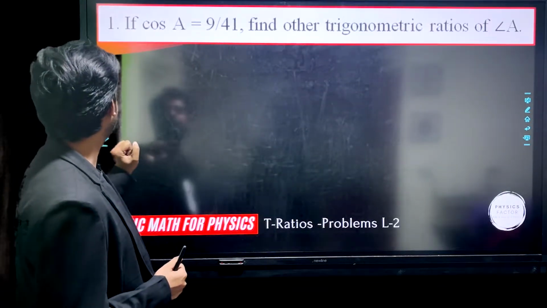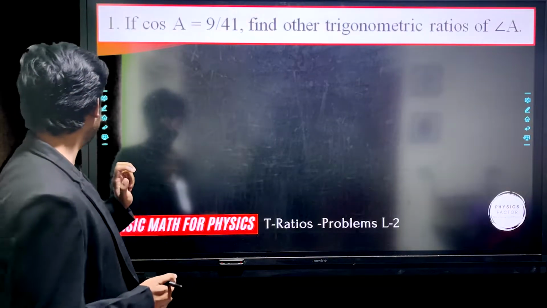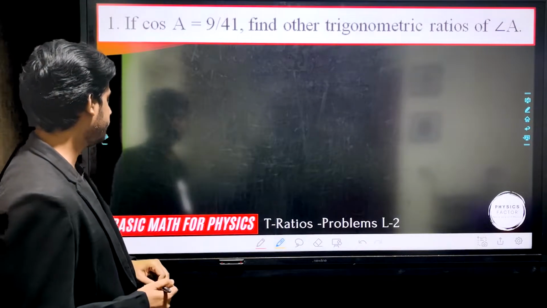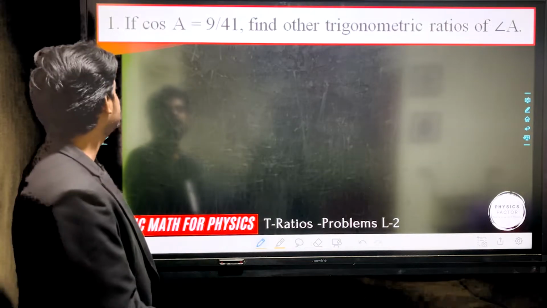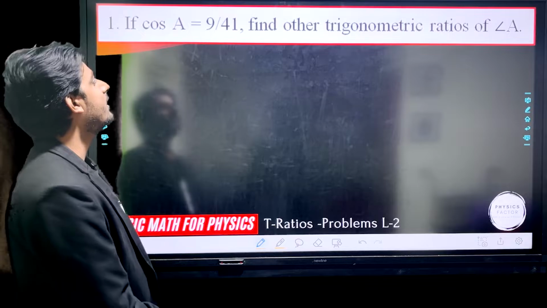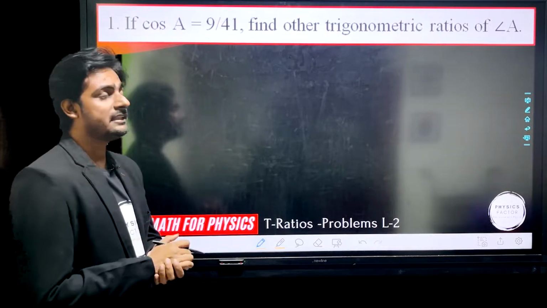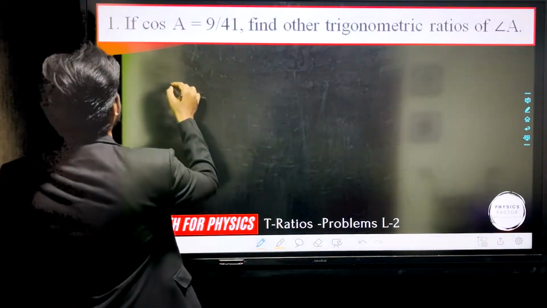So we have the first question. Let me see what is the question. Question says that cos A is given 9/41 and you need to calculate the trigonometric ratio of A. That means basically it is asking to calculate all the trigonometric ratios. Let me write it.